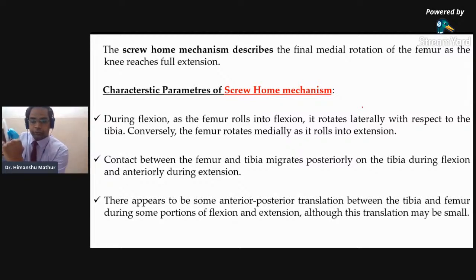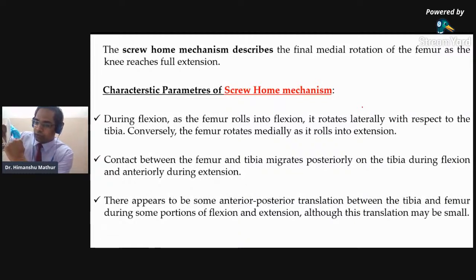If you're not able to see, I'll just show it to you. Whenever I'm talking about the knee coming from flexion to extension, this smaller structure will complete its rolling motion a little earlier because of its short structure, and this larger structure will take time to complete its rolling.